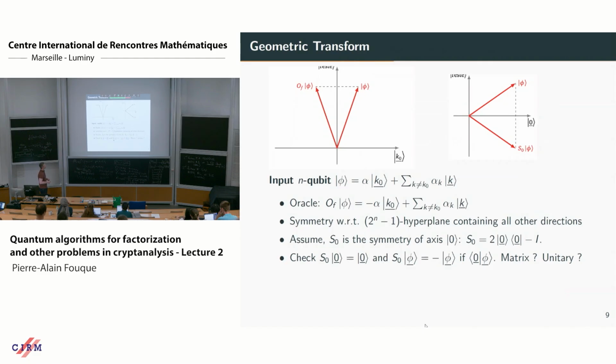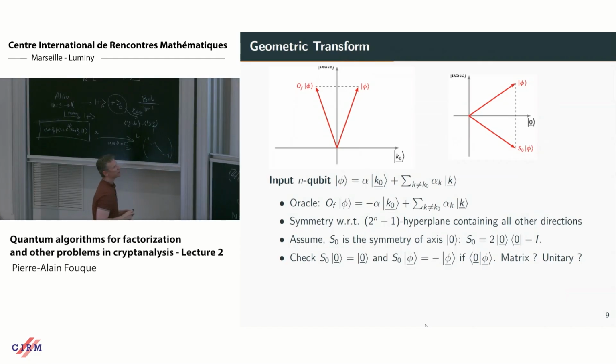And if something is orthogonal, if it is equal to 0, it will be shifted to minus the value here. So you have 1 here and -1 everywhere else. It is easy to see that it's a unitary matrix.